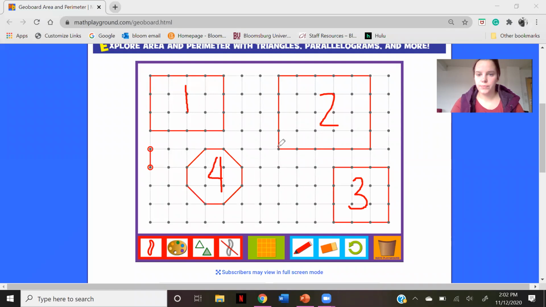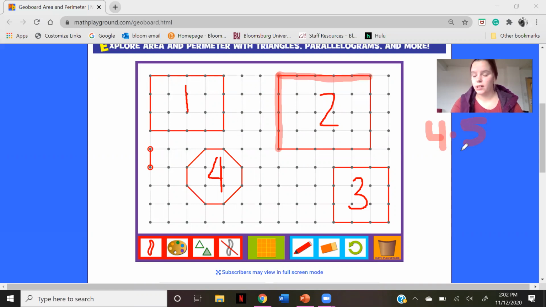finding these things. This one we're gonna do area and perimeter. So we can count up 1, 2, 3, 4. If we do the length first, the length is 4 by the width, which is 1, 2, 3, 4, 5.